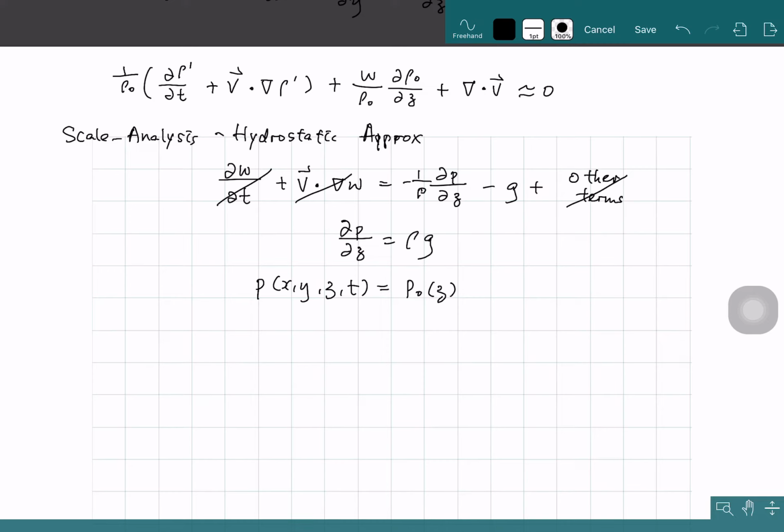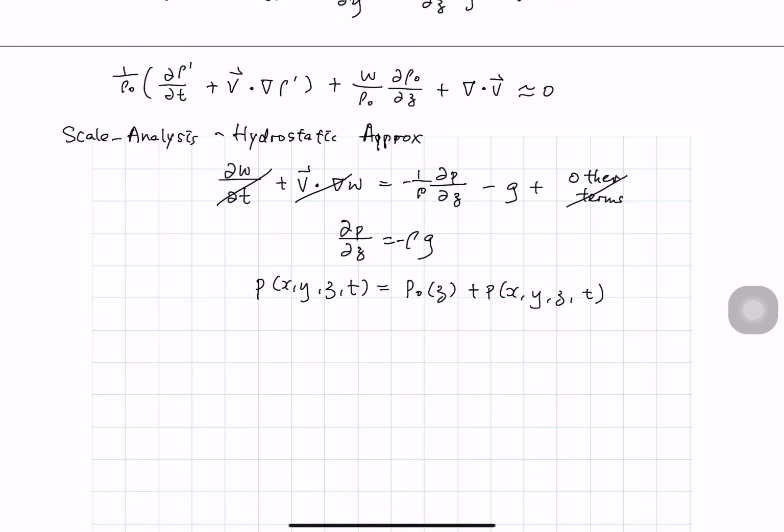So we separate pressure into two terms again.